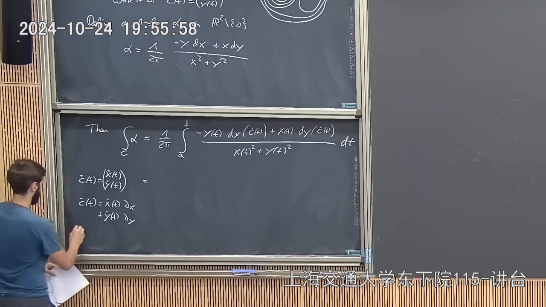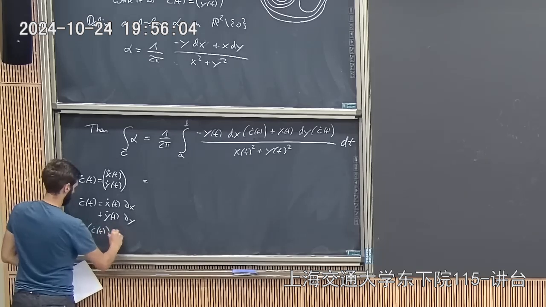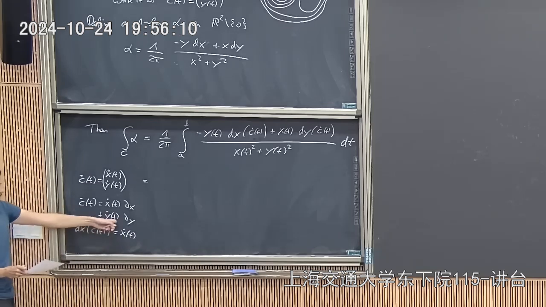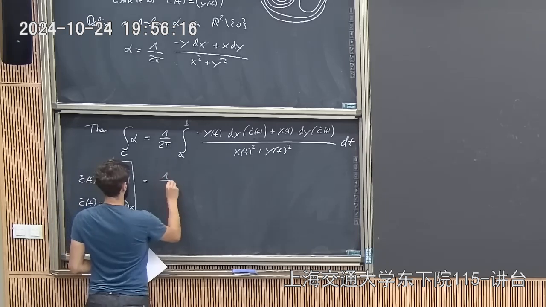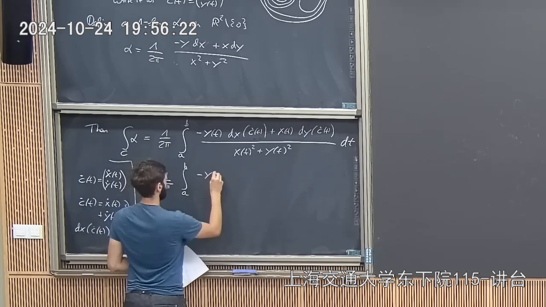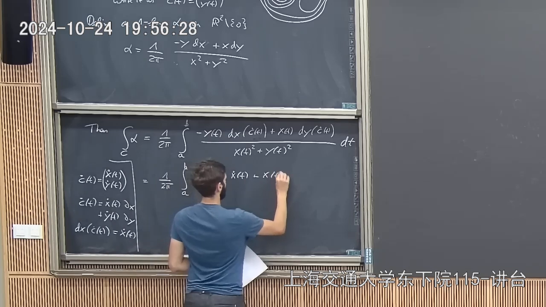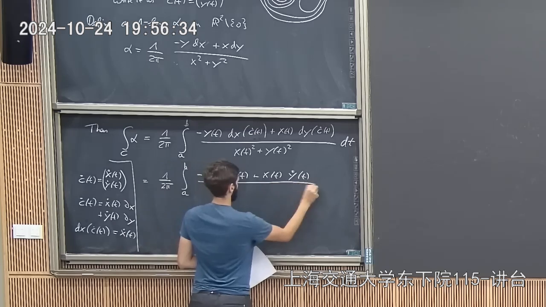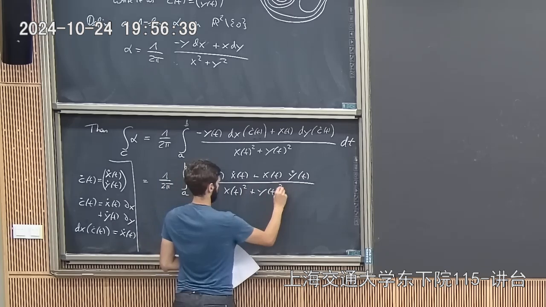So in particular we get that dx hitting c dot of t just gives us x dot of t, and similarly for y we get the y component. So as a side remark, we can now write the formula as y of t x dot of t plus x of t y dot of t over x of t squared plus y of t squared.